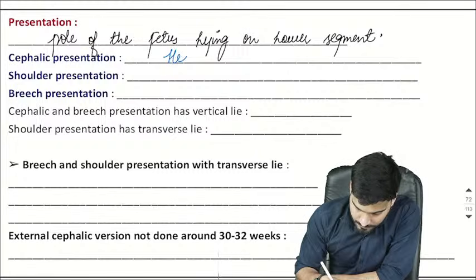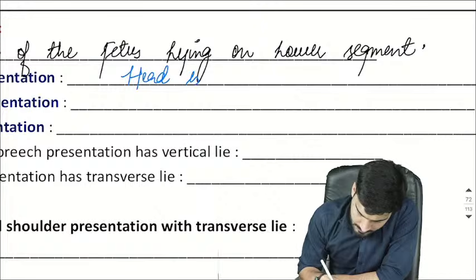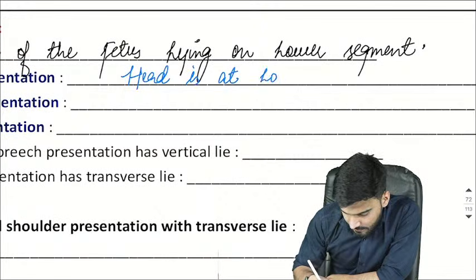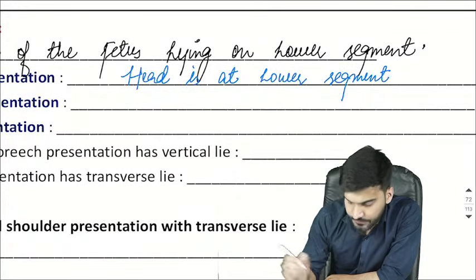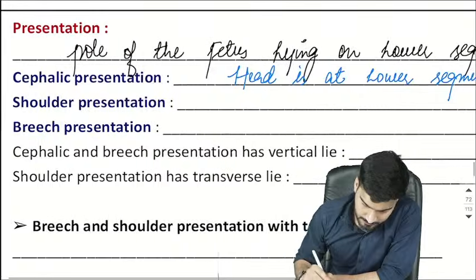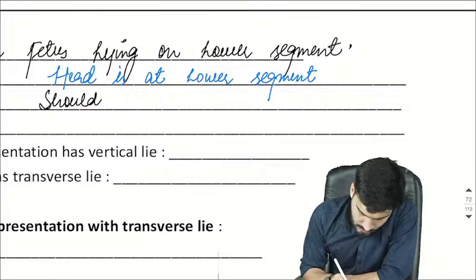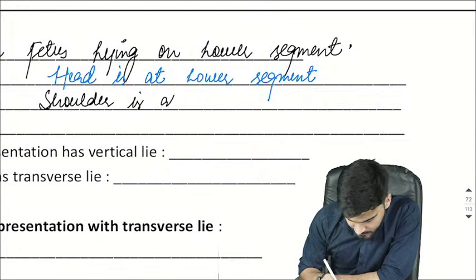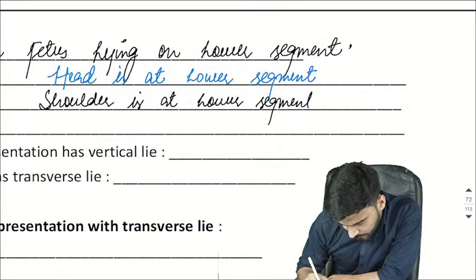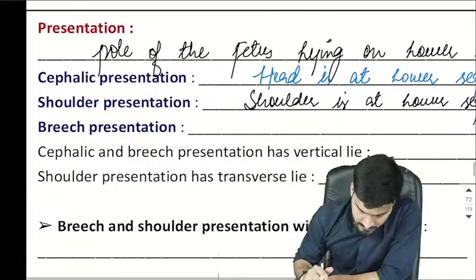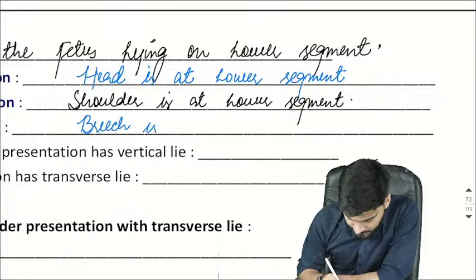Cephalic, it means head is at the lower segment. Number two, we have shoulder presentation. It means shoulder is at the lower segment. Next to that, we have breech presentation. Breech is at the lower segment.